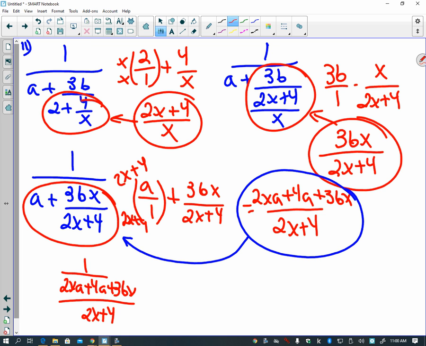So at this point, all you need is the reciprocal of this right here. So your final answer is just 2x plus 4 over 2xa, or 2ax, whatever, plus 4a plus 3bx.